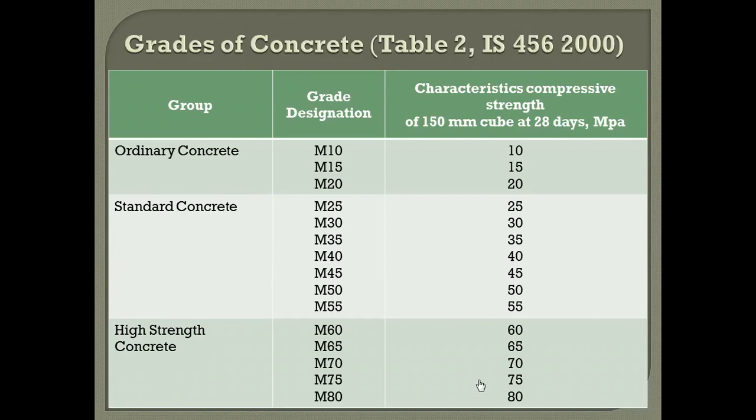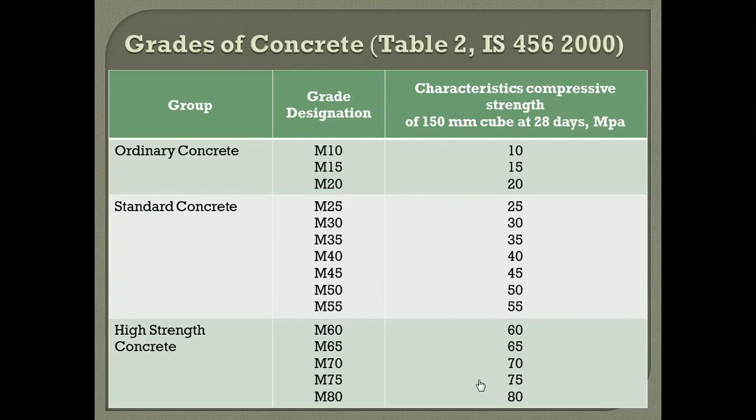If you take any of the grades M30, M40, M55, whatever it might be, after you test that concrete for the compressive strength after 28 days of curing, then the required strength to be obtained is as specified in the third column.